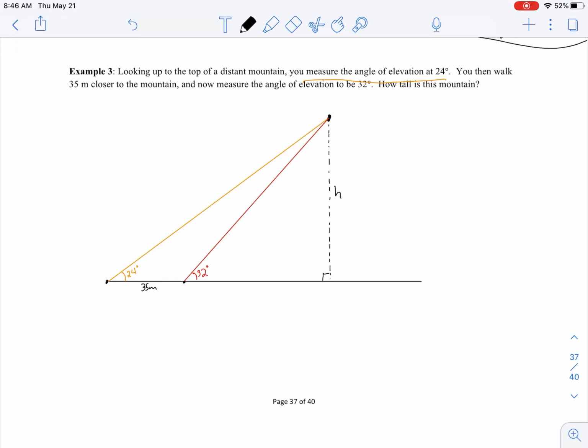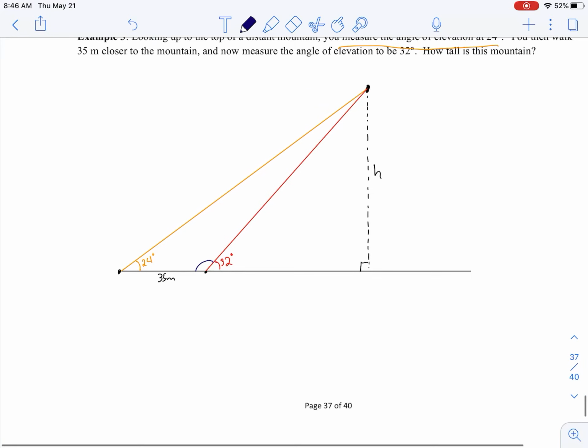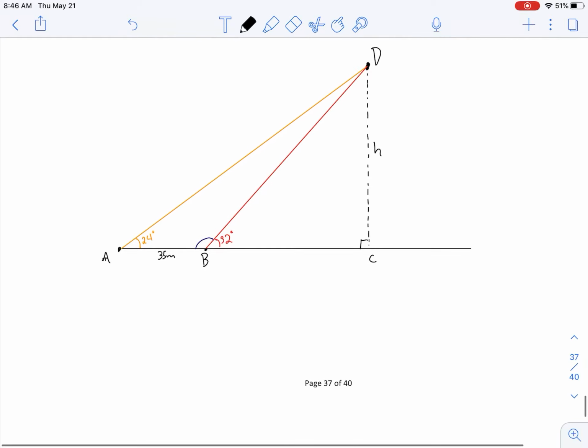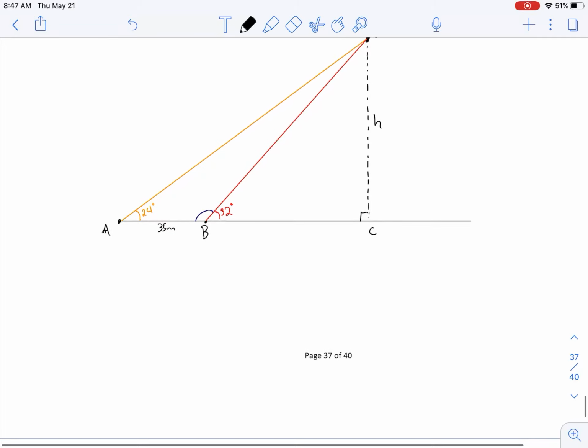So a couple things we can figure out relatively quickly is that extra angle right here. Let's do purple. Let's give everything a name here: A, B, C, and D, just so we know what we're talking about. So we can find the obtuse angle at B, in triangle ABD.